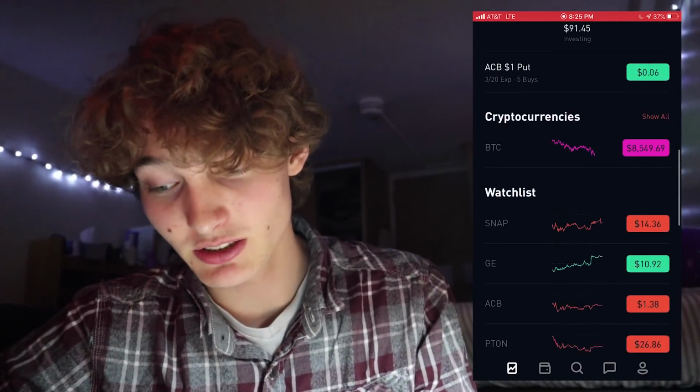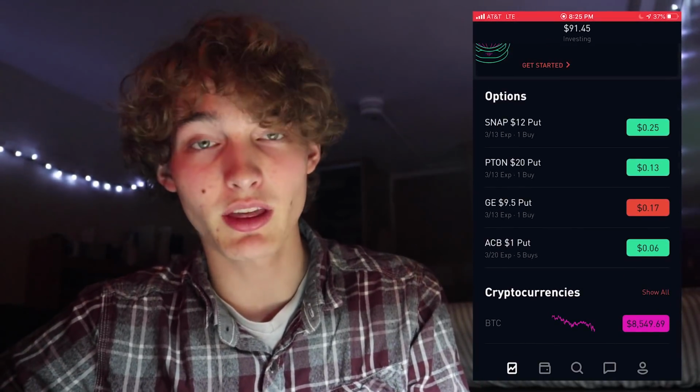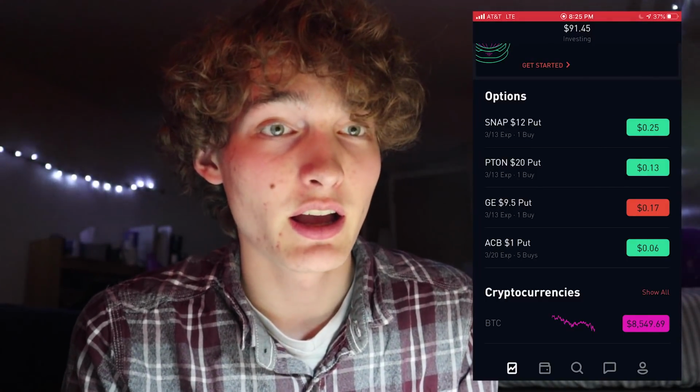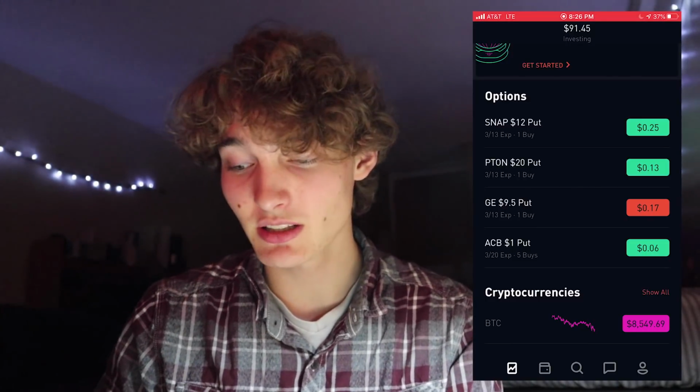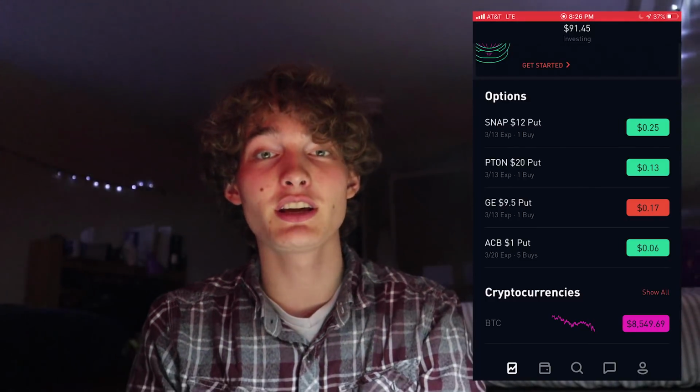Because $100 is a pretty low amount to get started with options, especially with the market being so volatile and options being pretty expensive, I wanted to do a spread strategy to get myself started so I could build up some more capital for bigger options investments. Unfortunately, Robinhood doesn't let you do option spread trading until you have more options experience on Robinhood, which doesn't really make sense to me, because spreads limit your risk, but they also limit your profit, and they're a lot easier to manage, I would say.